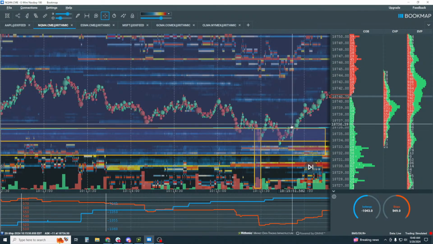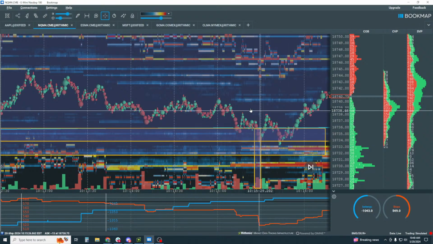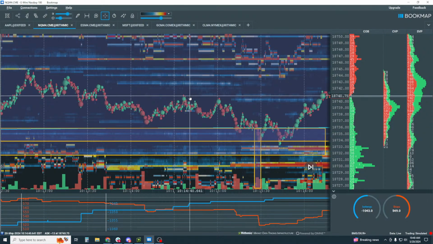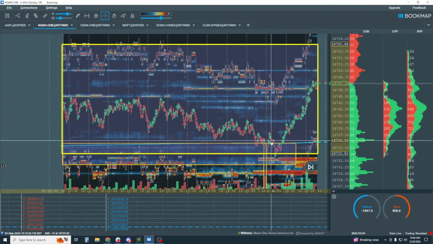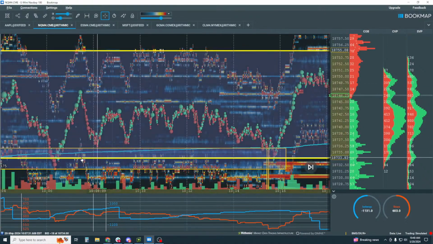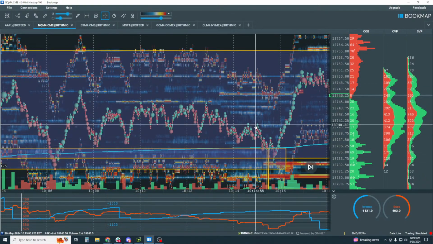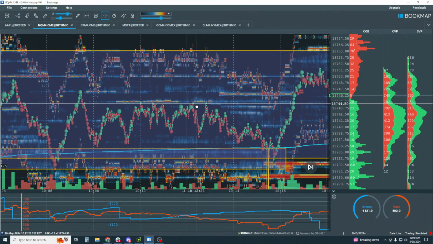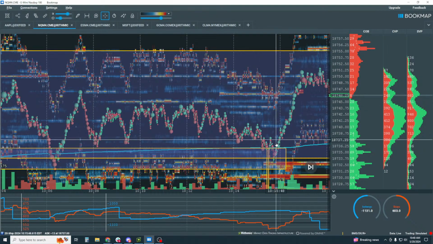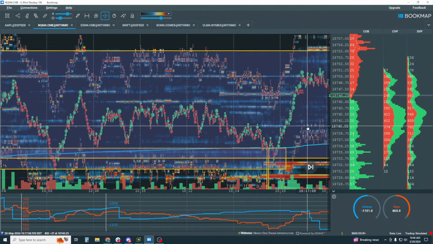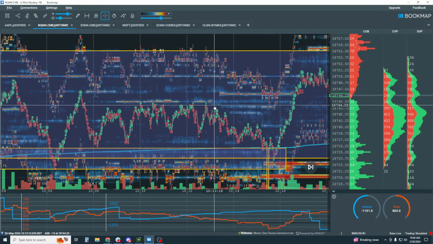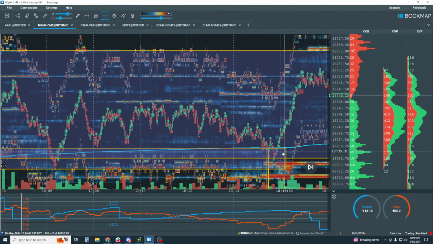Okay, so this is where we're looking for buyers to take it back up first to some of these other swings, because in the bigger picture here, we've come back down into bigger swings here. So we want to see if we can get back up to, first off, this swing here, and secondly, this swing here.